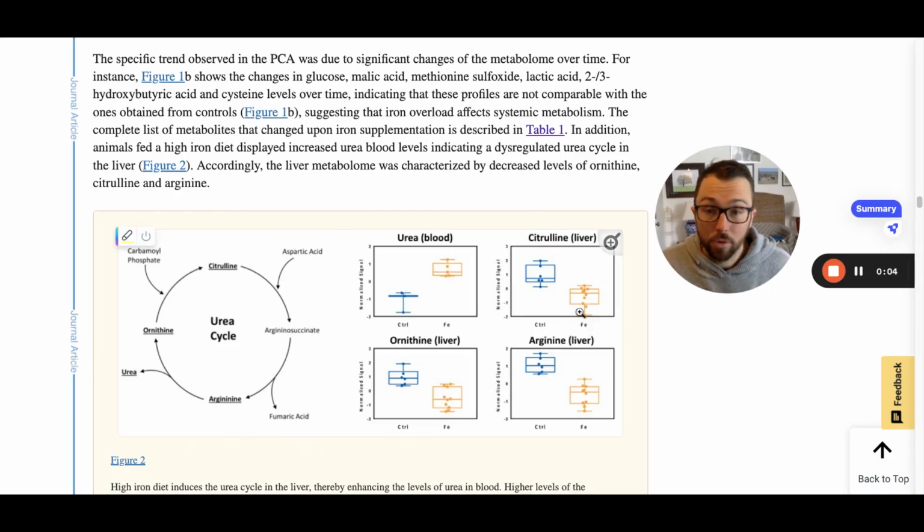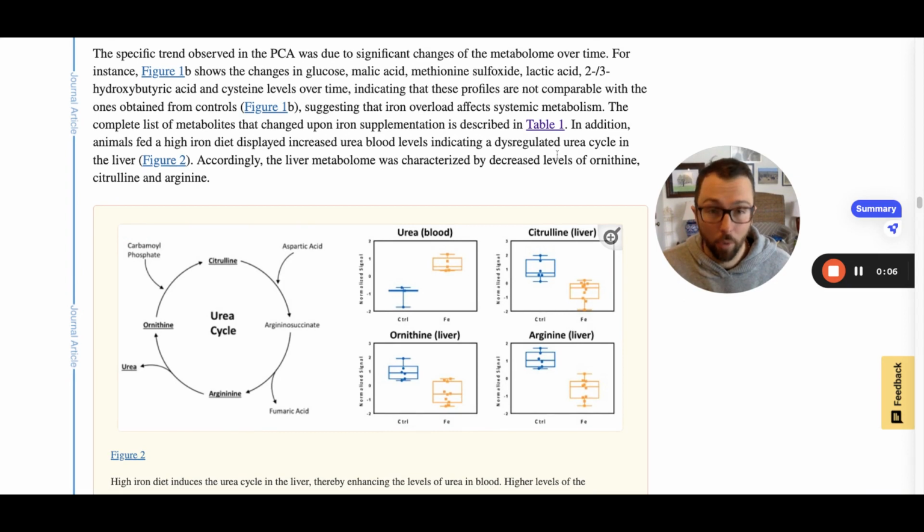Now, taking a closer look at figure 2, just below figure 1, they noticed that animals fed a high iron diet displayed increased urea blood levels, indicating a dysregulated urea cycle in the liver. Accordingly, the liver metabolome was characterized by decreased levels of ornithine, citrulline, and arginine.